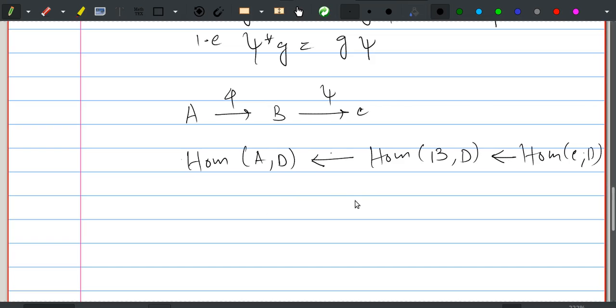So we have seen that if we fix the module at the second place, then these arrows are reversed. However, if the module is fixed at the first place, then these arrows are preserved. I mean, their directions are preserved.